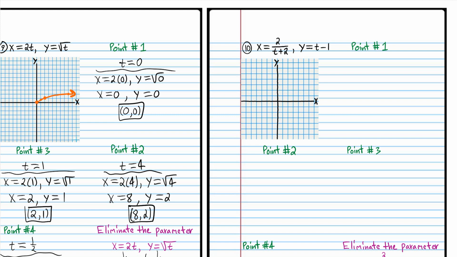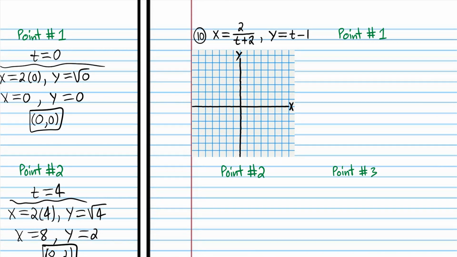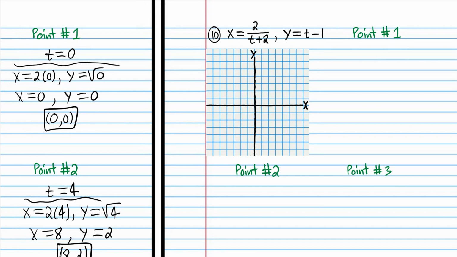Okay, then press the window button, and it looks like our window is going to be maybe x is equal to -7, y is equal to +7, and roughly the same thing for both x and y. So then I'm going to graph in my calculator, and you should see something that looks like that.